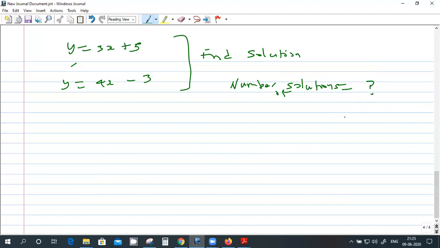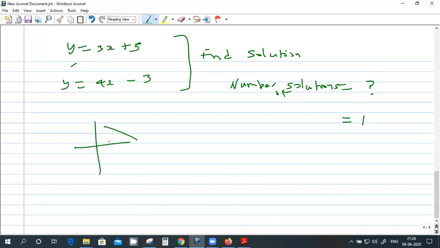Either 1 or infinite. When will it be infinite? It will be infinite when there is only one equation, so both the equations are the same. But here they are different because the slope is different.